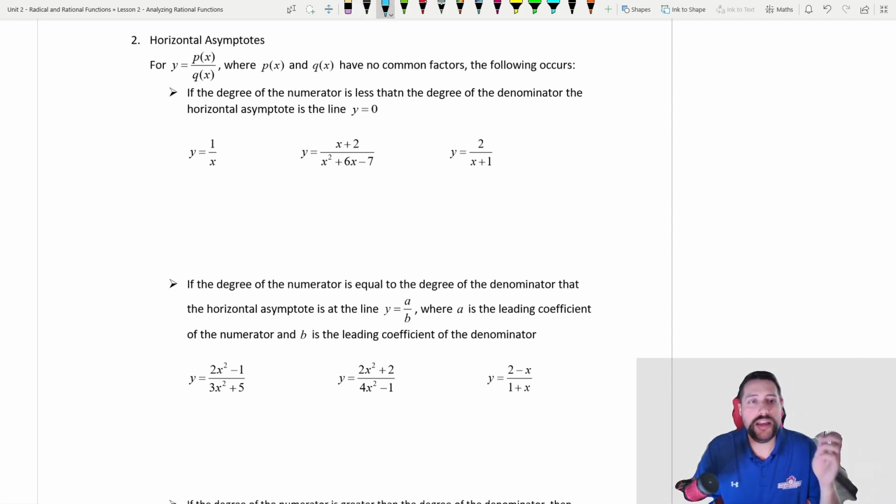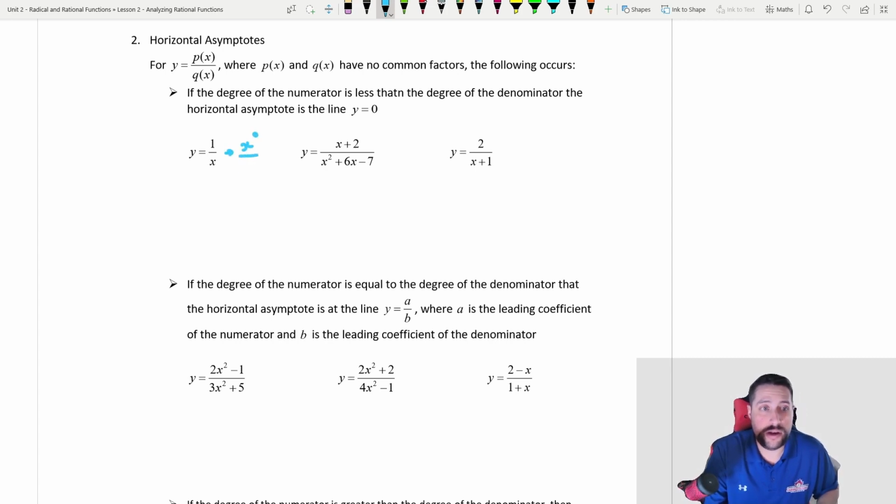So if the power is higher in the denominator than it is in the numerator, your horizontal asymptote will be at y is equal to 0. For example, y equals 1 over x is x to the power of 0 divided by x to the power of 1. The power in the denominator is greater than the power in the numerator. So that means this is y is equal to 0.